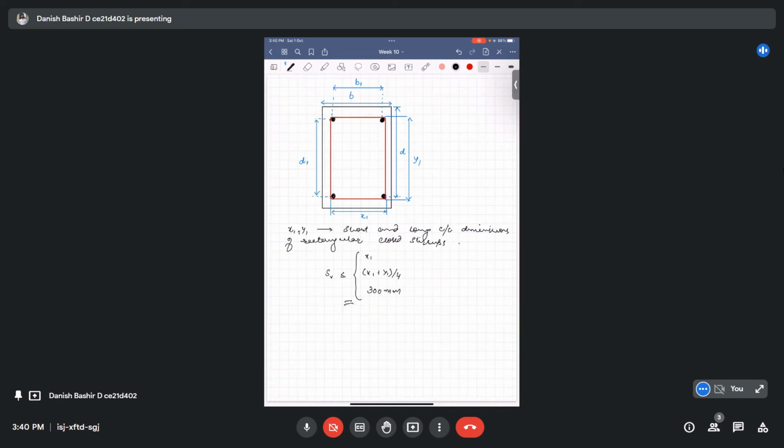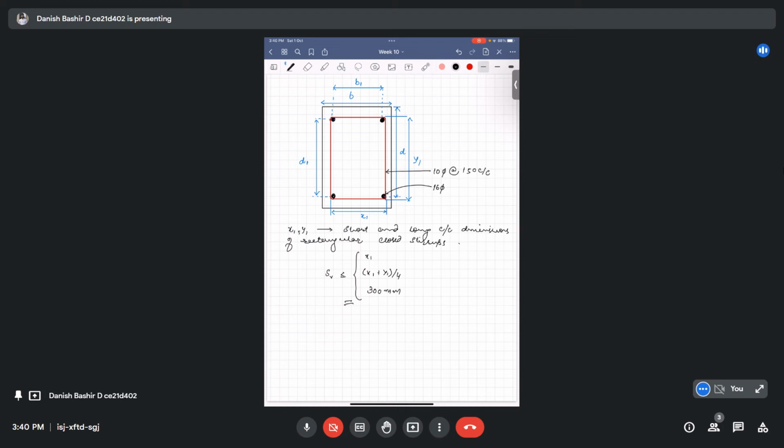These are 16 mm bars, 16 mm bars, and this is 10 mm stirrup at the rate 150 center to center. Okay, this is the basic detail that I want to give.